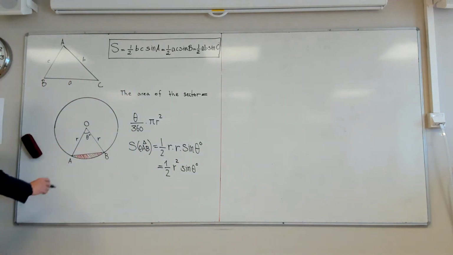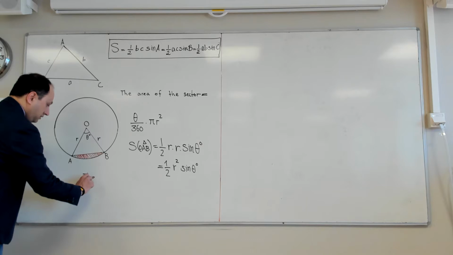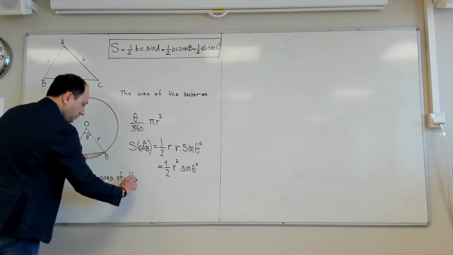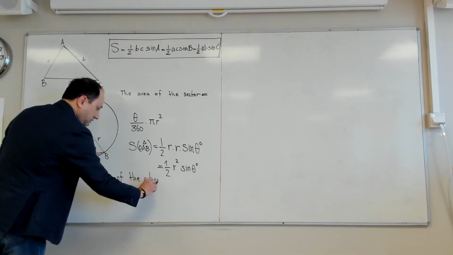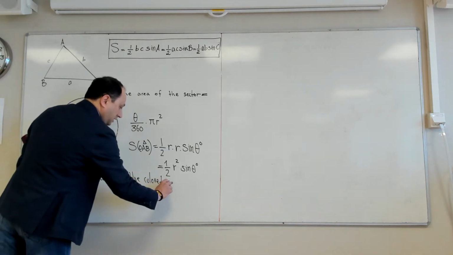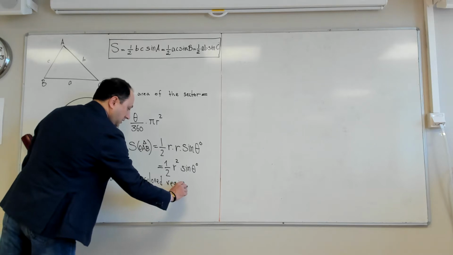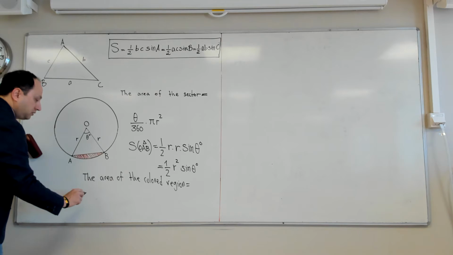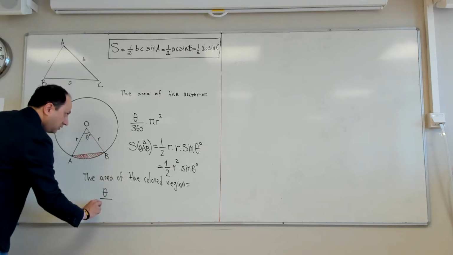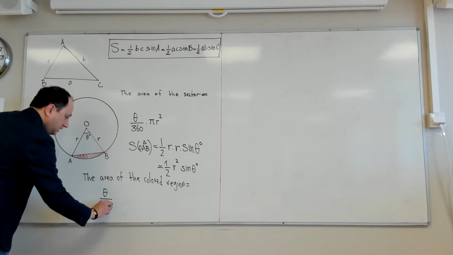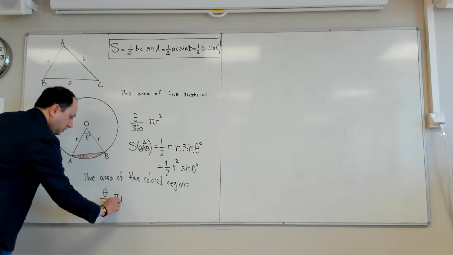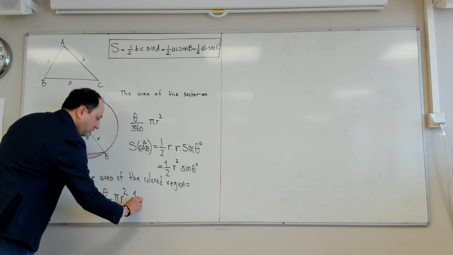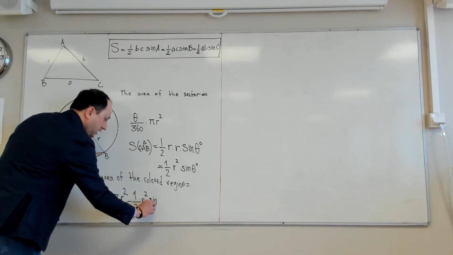Okay, and then the area of the colored region, as Dennis mentioned, is actually equal to this bigger one minus this smaller one. So this becomes theta over 360 multiplied by pi multiplied by r squared minus 1 over 2 r squared sine of theta degrees.